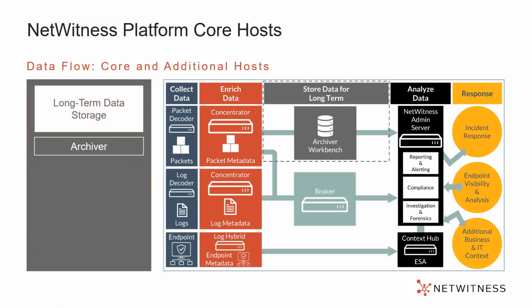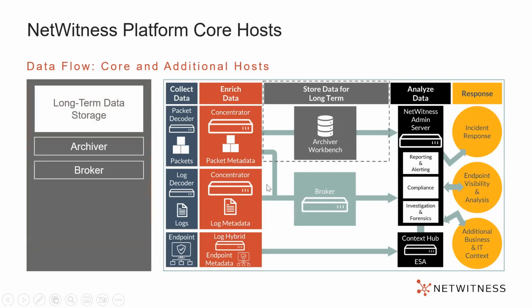I will be moving to the third part, which is the long-term data storage. So archivers here provide long-term storage of log data meta to facilitate compliance over a period of months or years. A broker is required when distributing queries across multiple concentrators and archivers.